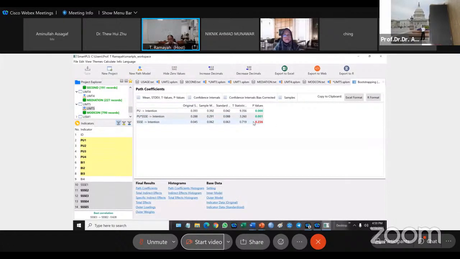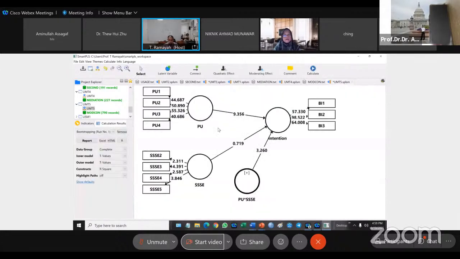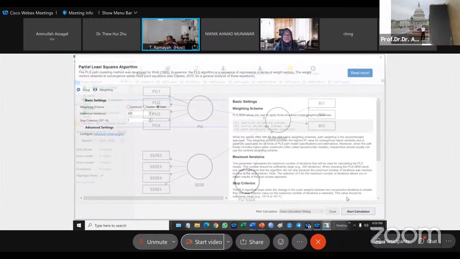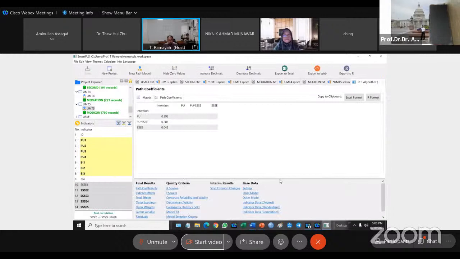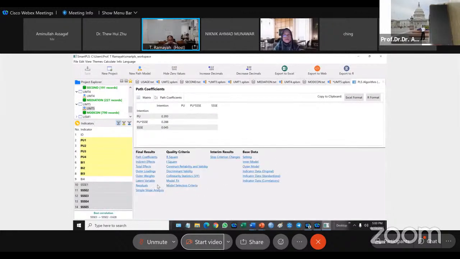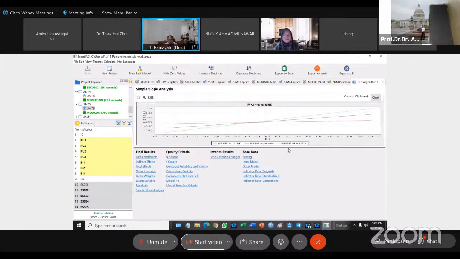So we have another step we need to do called the interaction plot. The interaction plot is actually given in the algorithm. So can you run the algorithm? Just run the algorithm. When you run the algorithm, under the report, you will have what we call simple slope analysis. If you click the simple slope analysis, you will get this, right?